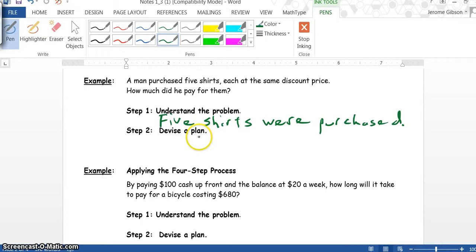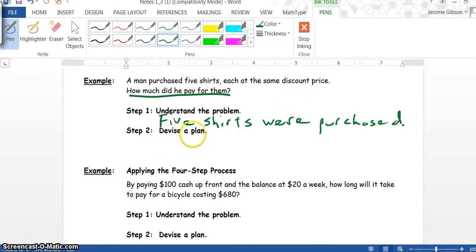Now, step 2, we want to devise a plan. Now, we cannot devise a plan, as far as getting the final answer here, because we do not have any prices. We don't have the original price, we don't have the discount rate, and we don't have the discount price.